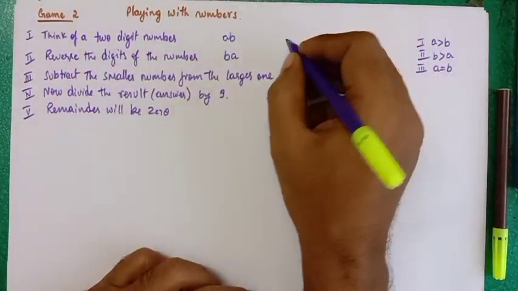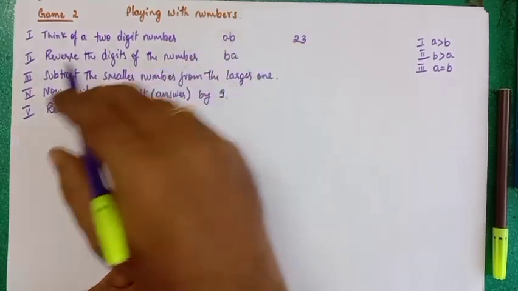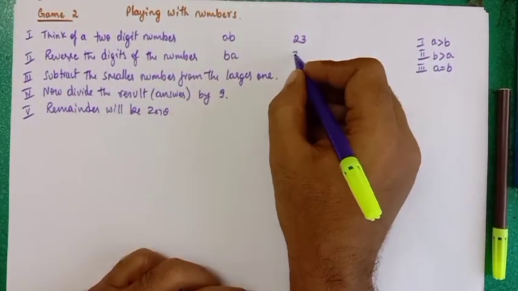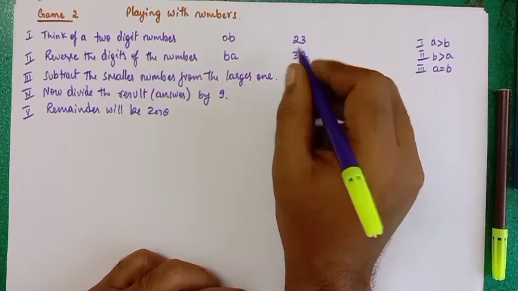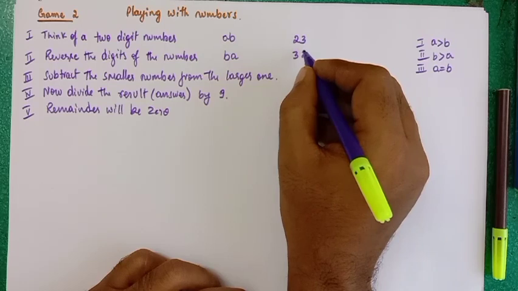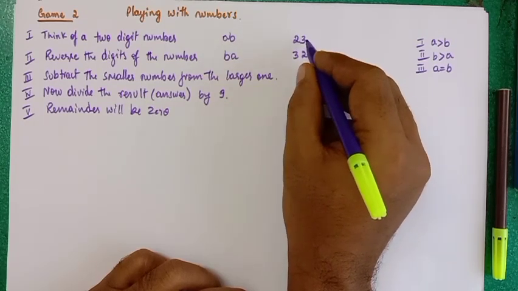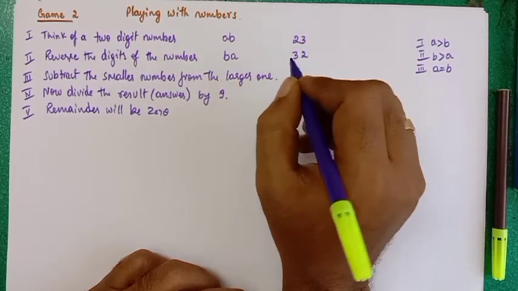Think of a 2-digit number; let me say you have taken 23. Reverse the digits, and you will take 32. We have changed the digits here. The 23 has changed, as 3 has shifted to tens place and 2 has shifted to ones place. So 32 will be your answer.